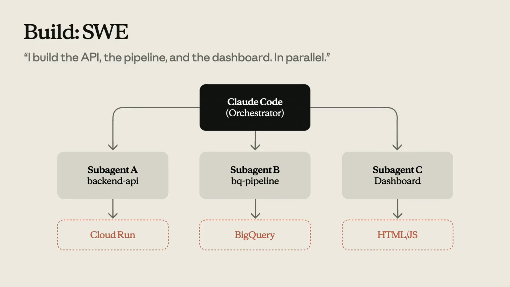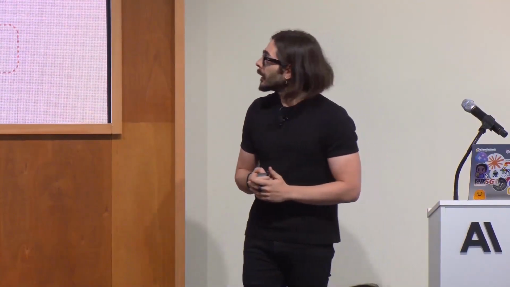As you can see here, we are going to spin up 3 different sub-agents, one for the API, one for the ingestion pipeline, and the other one for the dashboard. And you can parallelize the implementation of each of these components, just like you run a team sprint in your usual development life cycle. So let's see this in action as well.